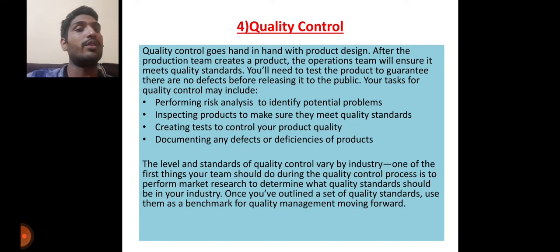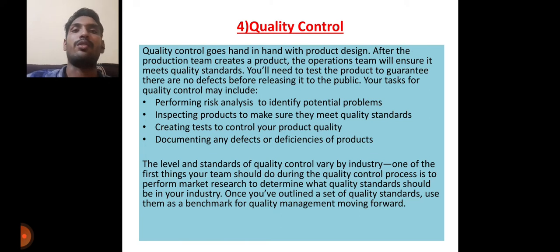Fourth one is quality control. Quality control goes hand in hand with product design. After the production team creates a product, the operations team will ensure it meets the quality standards. You will need to test the products to guarantee there are no defects before releasing them to the public.